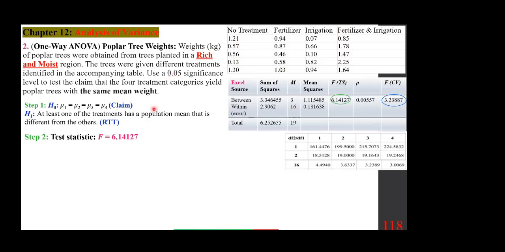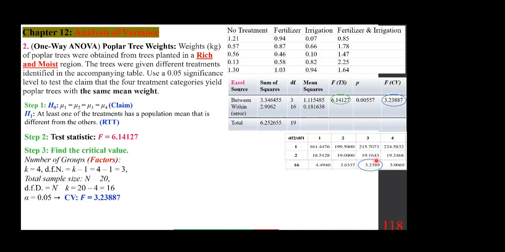Now use the table. So 3 and 16, this is a table. Remember, for F distribution, first and foremost, you have to look for alpha of 0.05 before you use the table, because they have different tables for different alphas. So 3 and 16, put it together, and that's the same value we have here. They're slightly different because of the number of decimals used.